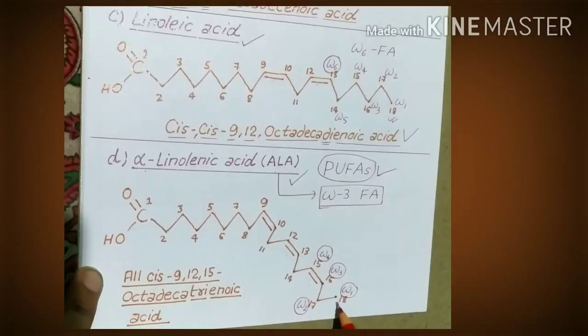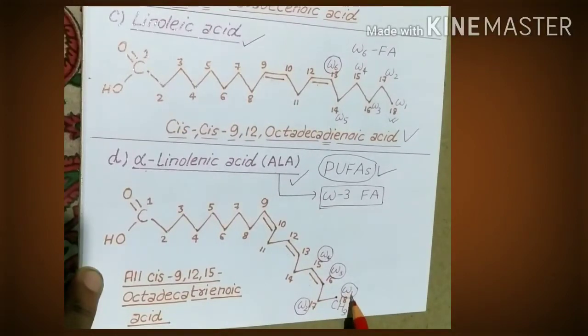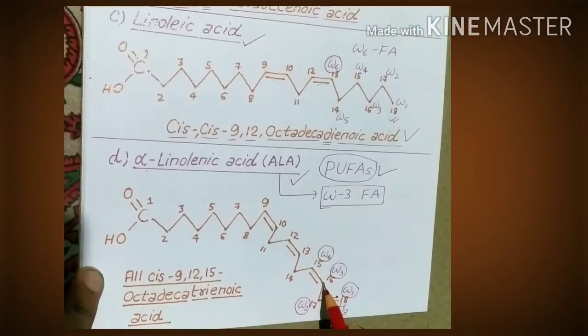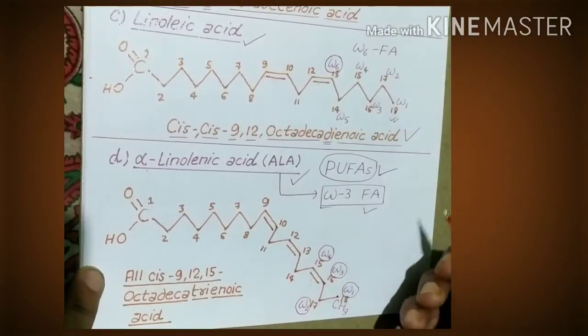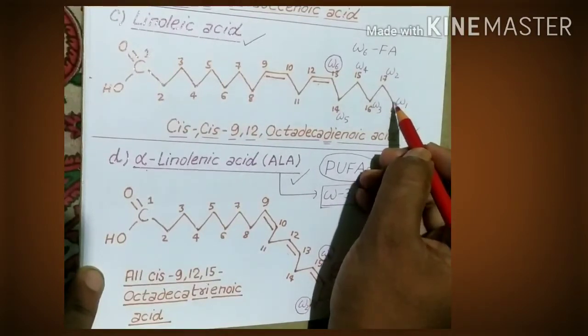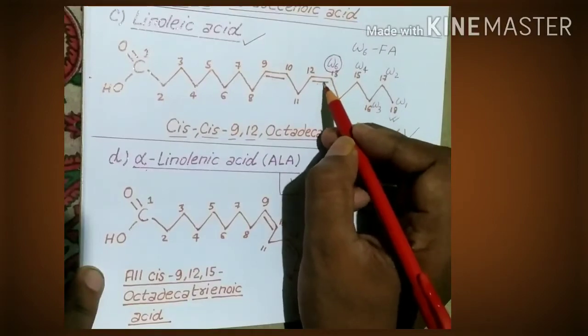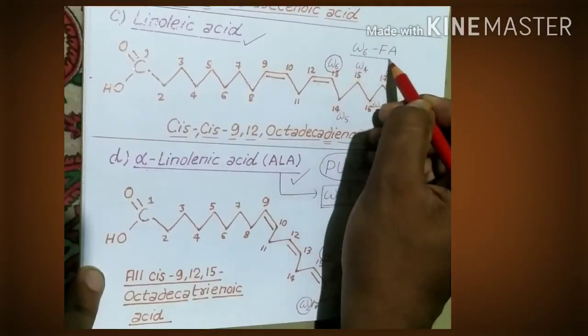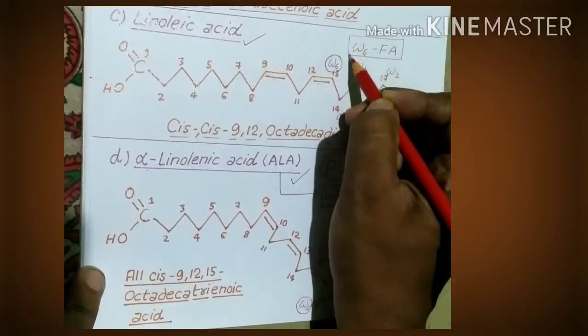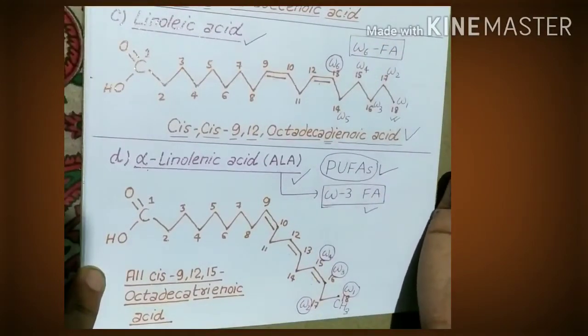So this is the methyl CH3 group, this is omega 1, omega 2 and omega 3. Here the double bond is present, so this is an omega 3 fatty acid. But here at the omega 6 position a double bond is present, so this is called an omega 6 fatty acid.